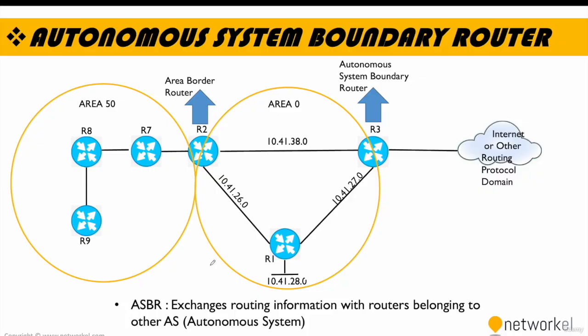And we have another router type in multi-area OSPF. That is known as the Autonomous System Boundary Router, ASBR this time. The other one is the ABR, which is connecting the other areas to the backbone area. And we have our Autonomous System Boundary Router, ASBR.